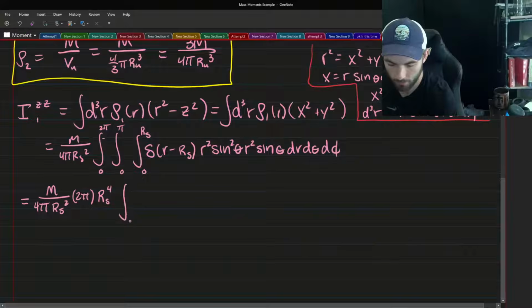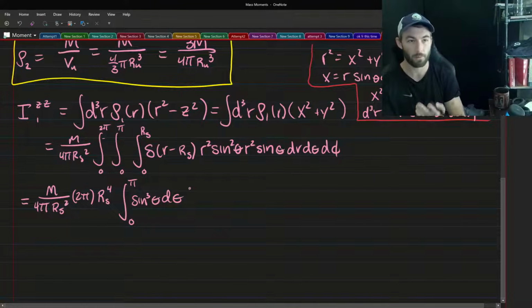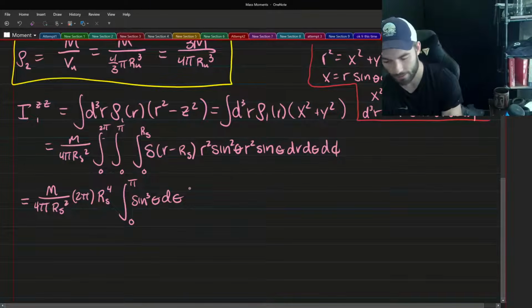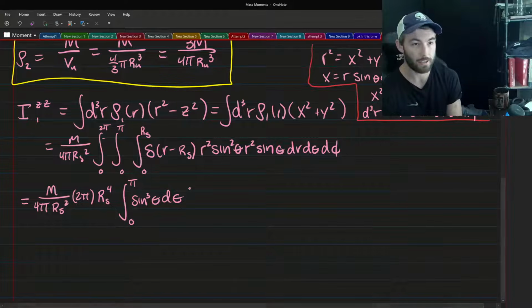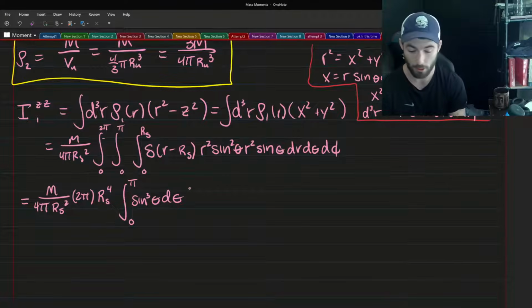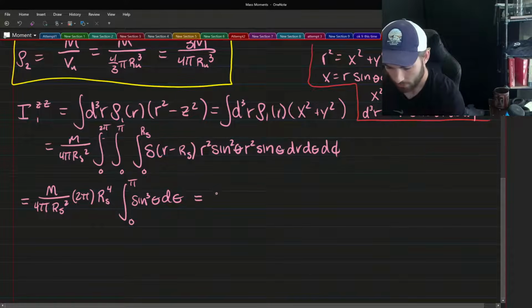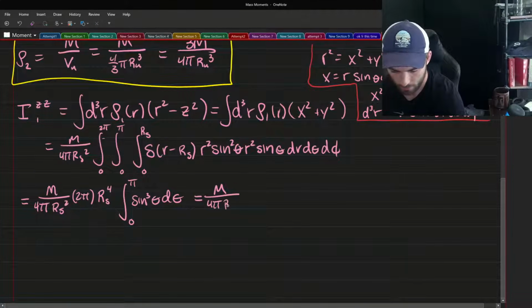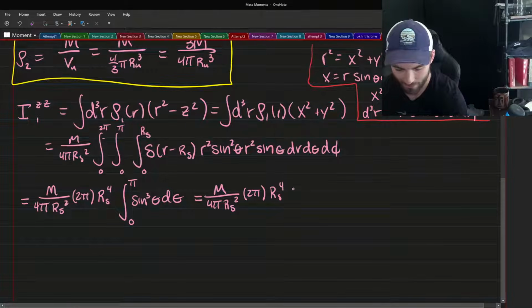And we have one more integral, 0 to pi of sine cubed of theta d theta. So we've done 2 of the 3 integrals. The integral of sine cubed from 0 to pi just gives an extra factor of 4/3. So the end result gives us m over 4 pi rs squared times 2 pi times rs to the fourth times 4/3.